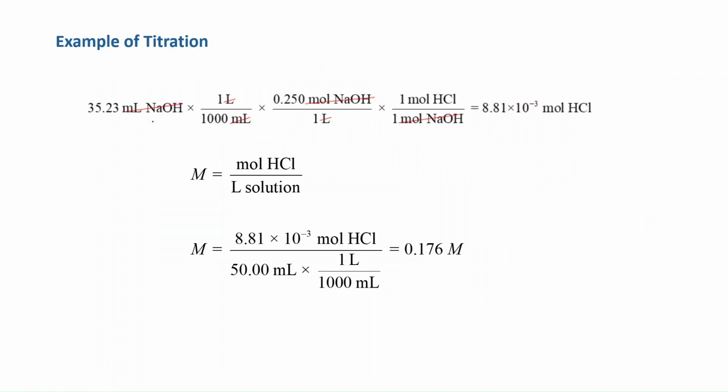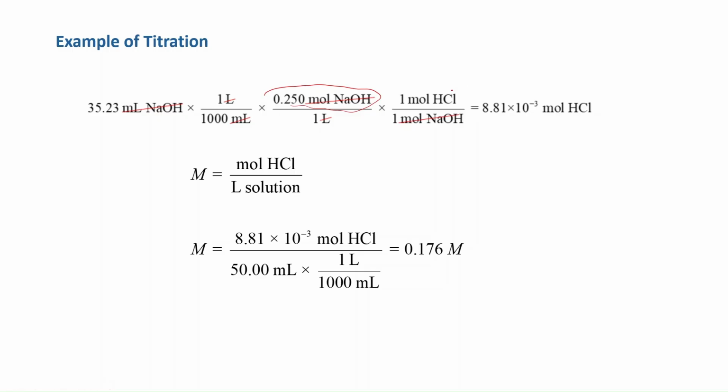Let's do the actual calculations. So first you get the sodium hydroxide and you change it to liters. Okay, so you have liters. The concentration, this is 2.50 moles per liter. So liters cancels out, so you know how many moles of sodium hydroxide.